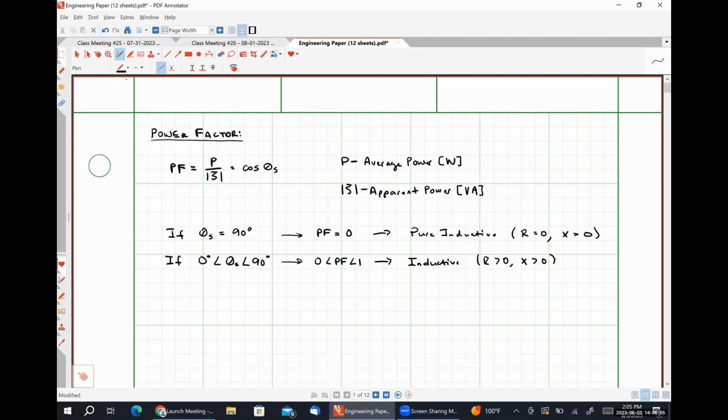And in these situations, we call this a lagging power factor because the current is lagging the voltage by some particular phase angle, and that phase angle depends on how much resistance and how much positive reactance we have.